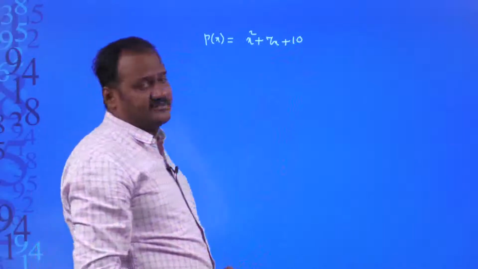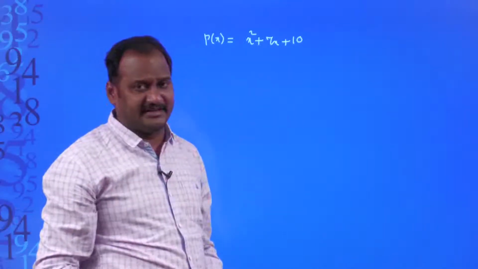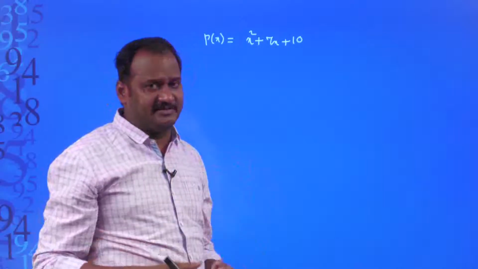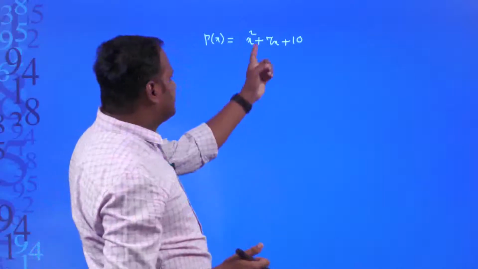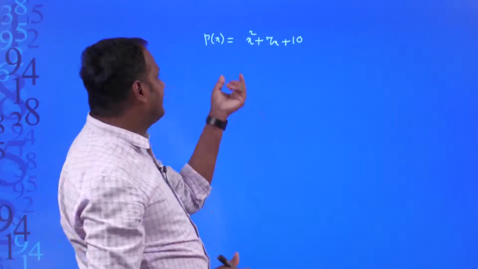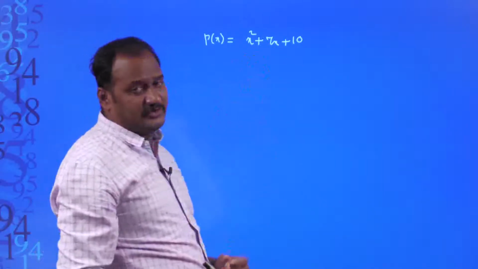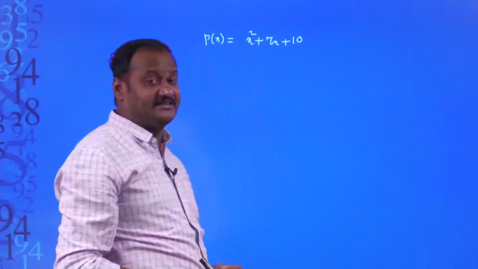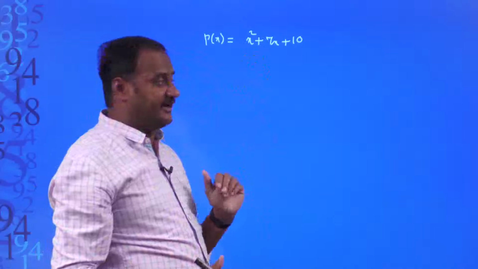To obtain zeros of the polynomial, I need to factorize this second degree polynomial by the splitting the middle term method or by using any algebraic method. So x square into 10 is equal to 10x square. So the product is 10, and the sum of the factors is going to be 7. Therefore, what are the factors of 10? Yes, the factors of 10 are 2 and 5.